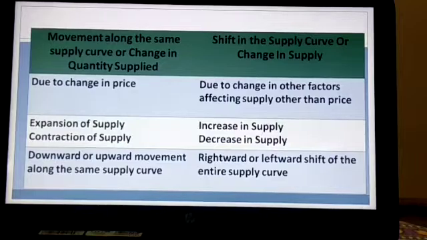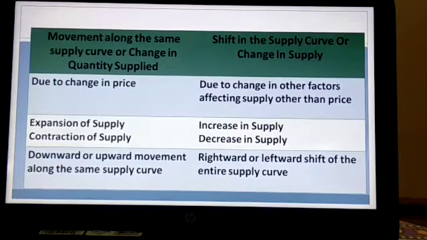And all other factors are non-price factors, like technology, natural factors, price of related commodities, state of technology, transport and communication. All these come under other factors affecting supply. And there is one, that is price of the commodity.